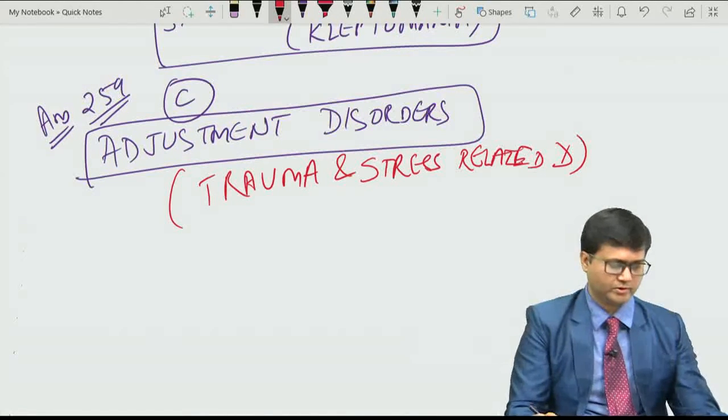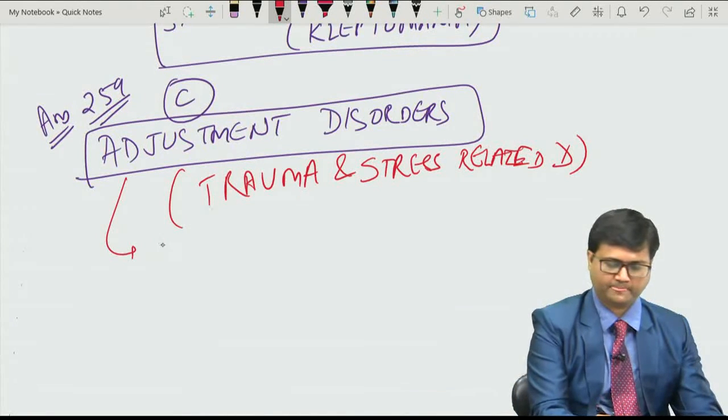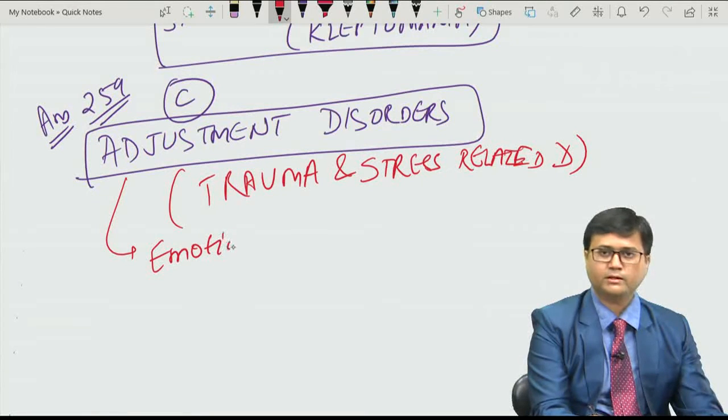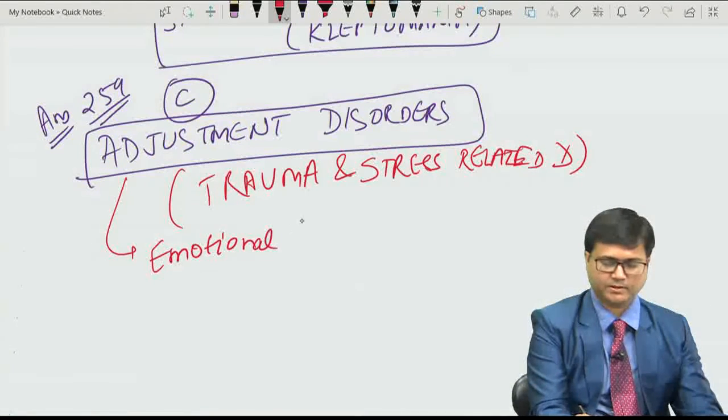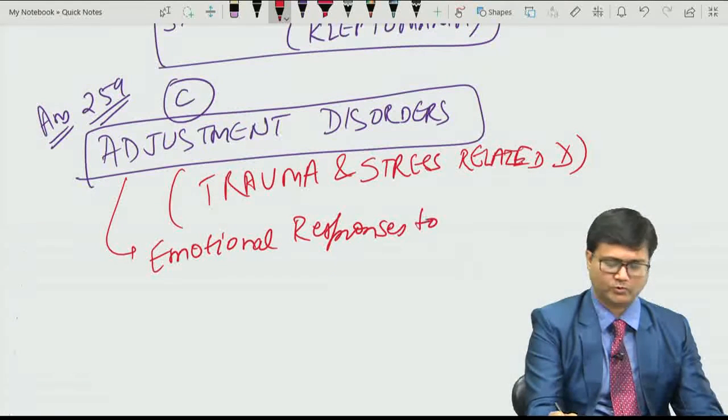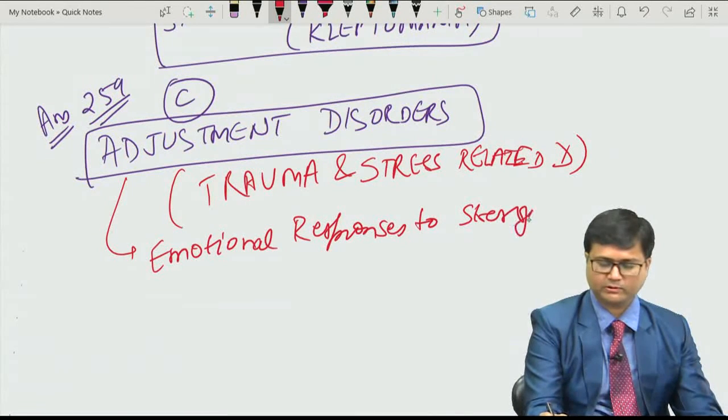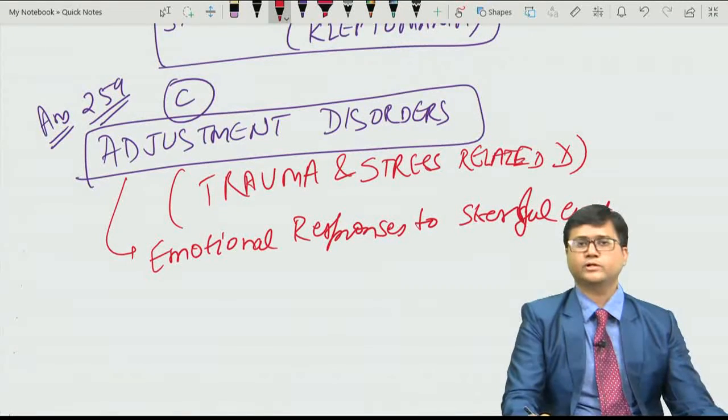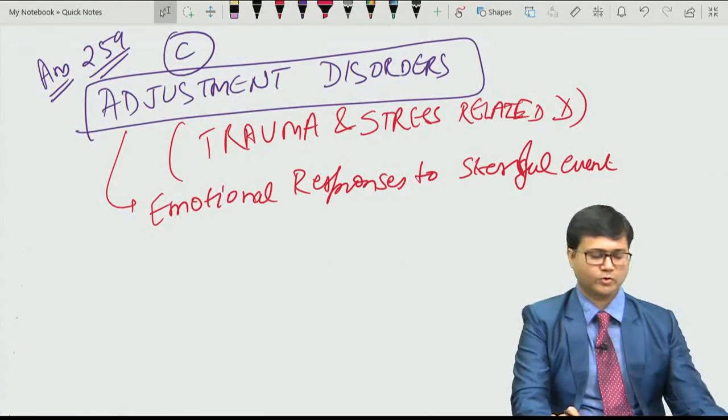Now, adjustment disorders are emotional responses to a stressful event. So these are the emotional responses to a stressful event.